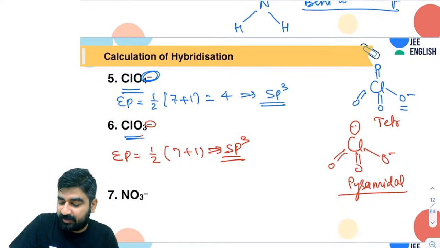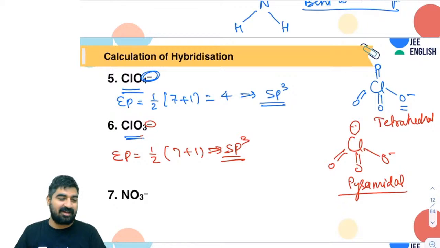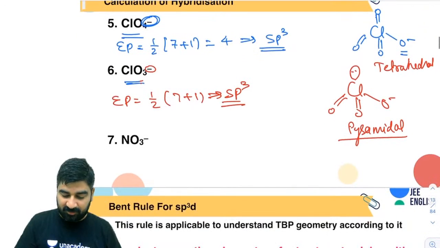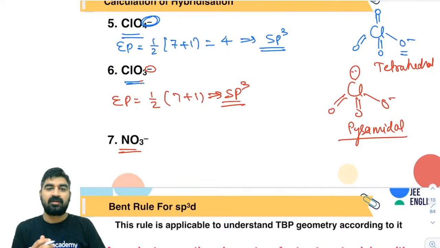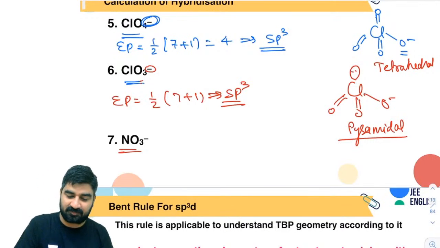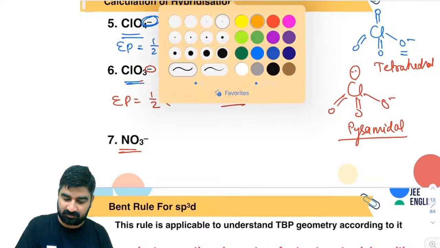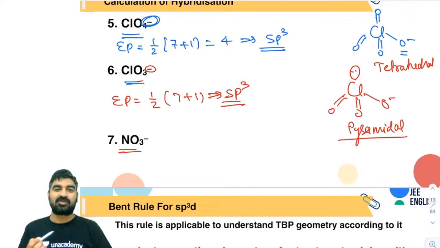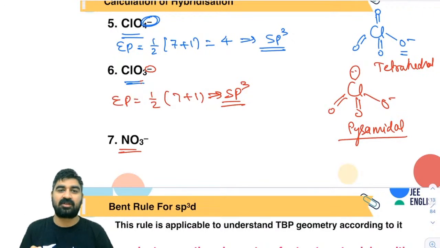It was tetrahedral, right? In the last class I have told you each and everything about the lone pair. So now tell me guys, for NO3 minus, what will be the hybridization?